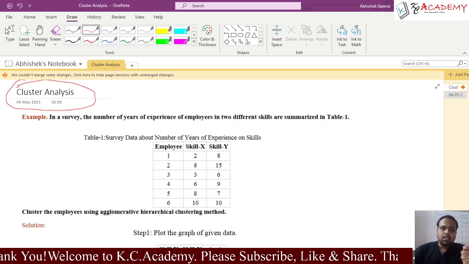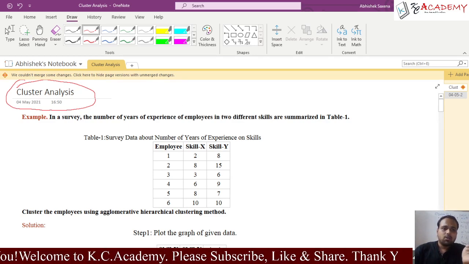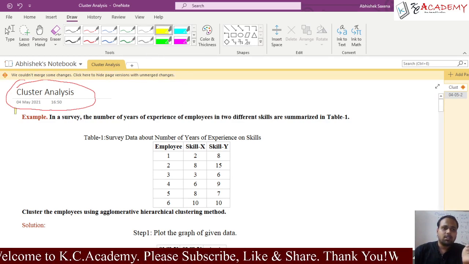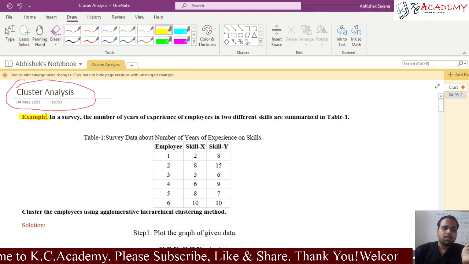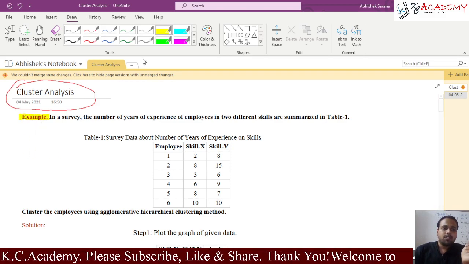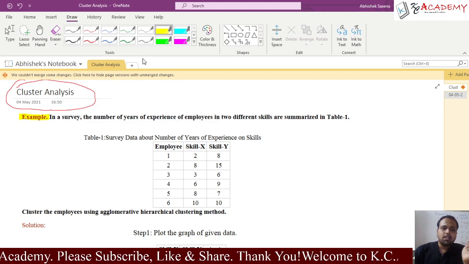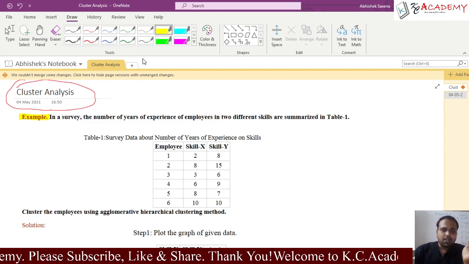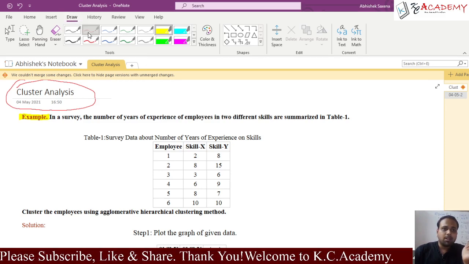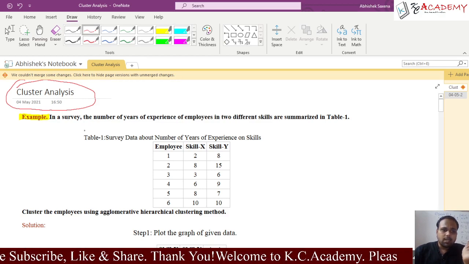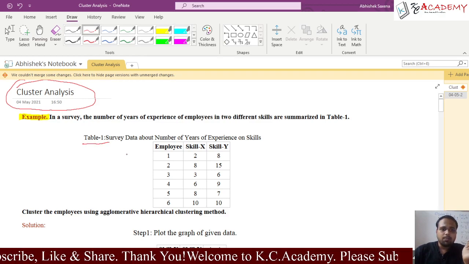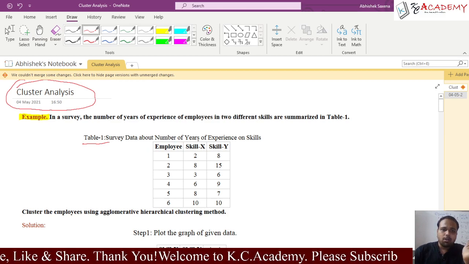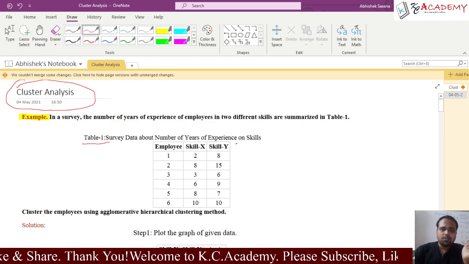So we'll start with the example. First, I will just read the example. In a survey, the number of years of experience of employees in two different scales is summarized in table 1. Here this data is given: survey data about the number of years of experience of skills.